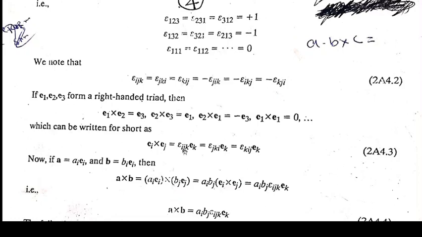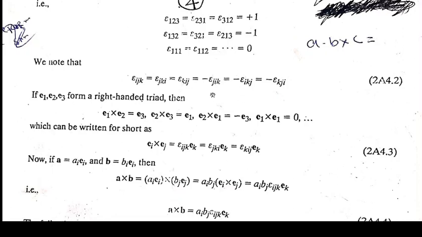If k is 1, first term is 0, plus if k is 2, second term is 0, and then k is 3, epsilon 123 e3, and epsilon 123 is plus 1, so you will have plus 1. Similarly you can write this, because this is equal to this and this is equal to this. These three are the same, so you can write this or this, they have the same meaning.